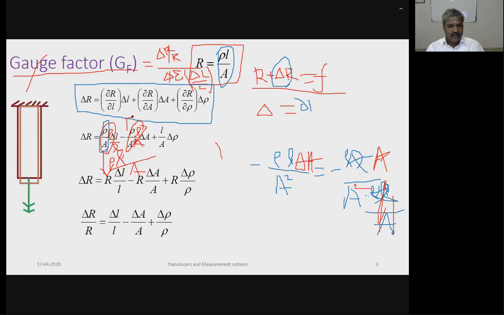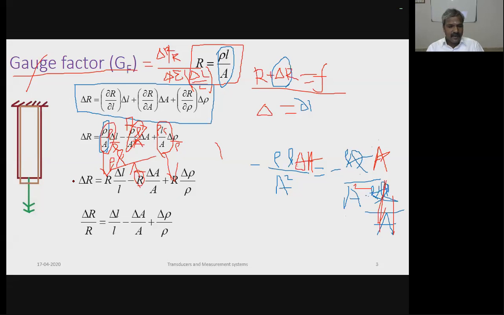Rho L by A, so this rho L by A, 1 by A becomes R. So here R. Remaining is 1 by A is here, so del A by A. Plus here we want to put rho. Here rho L by A. What is rho L by A? Again it is R. So it becomes rho L multiplied and divided by rho. Understand or not? Sorry for the inconvenience.